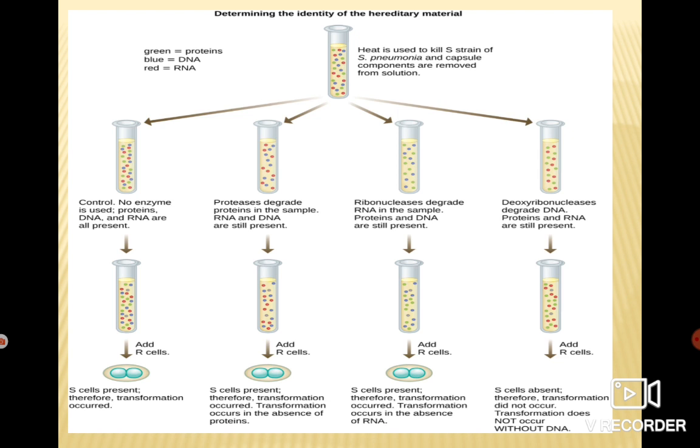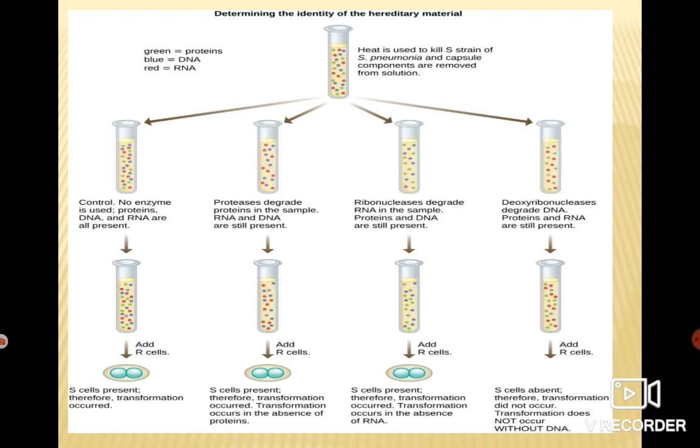In separate experiments, they performed these four steps. First, control, no enzyme is used. Protein, DNA and RNA are all present. Add R cell, S cell present, meaning there is transformation.